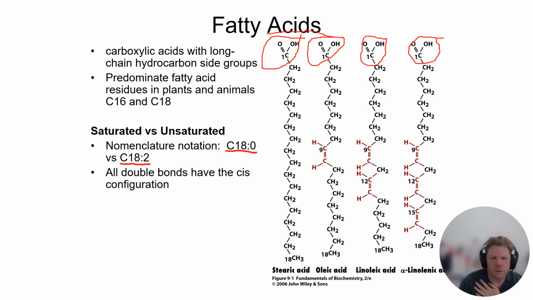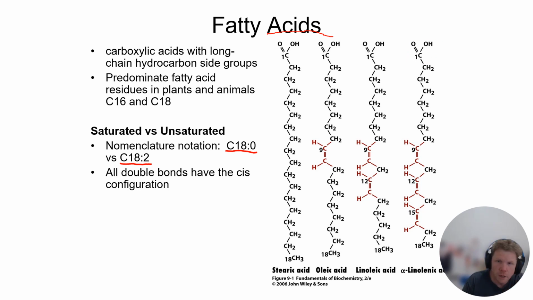C18 versus 18:2. Now the C18 indicates that the molecule we're talking about has a total of 18 carbons. One thing that's important to remember is that our carboxylic acid carbon is included in that number total.